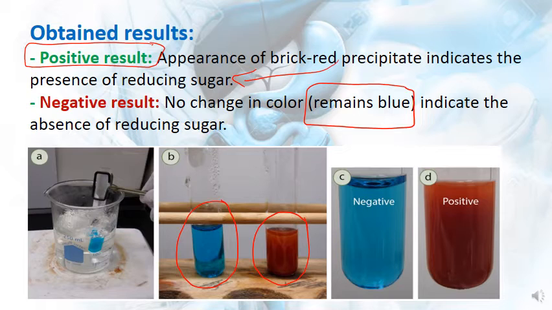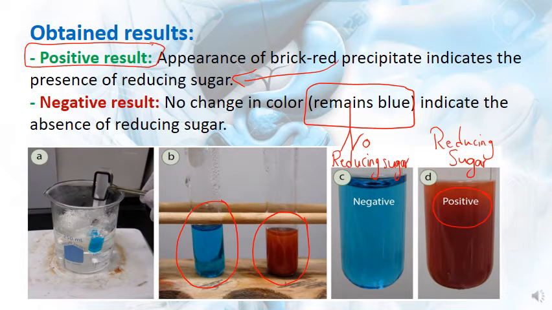If it's a positive result, we will have a brick red precipitate, which means we have reducing sugar. While if the color remains blue, with no change in color, this means there is no reducing sugar.